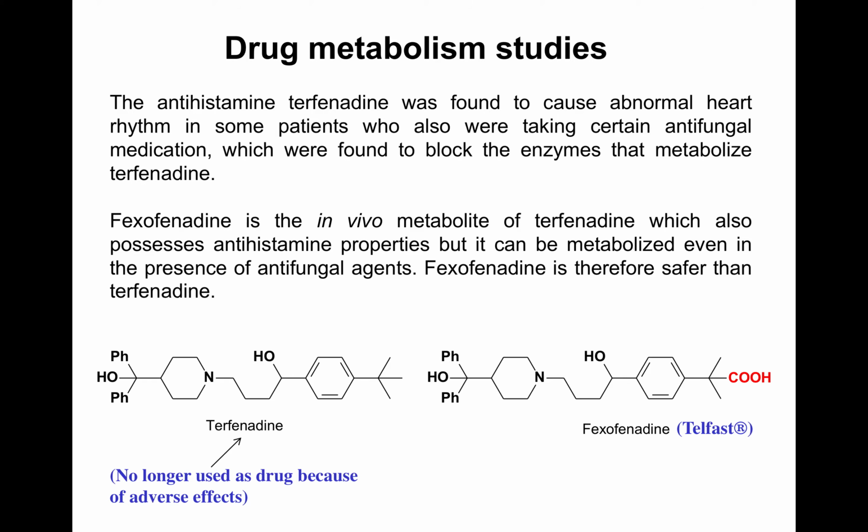So fexofenadine is therefore safer than terfenadine. So you can see here that this drug, terfenadine, is no longer used as the drug because of the adverse effects, but what is currently used as the drug is its metabolite, Telfast, which is still active without any of the adverse effects associated with the original drug.